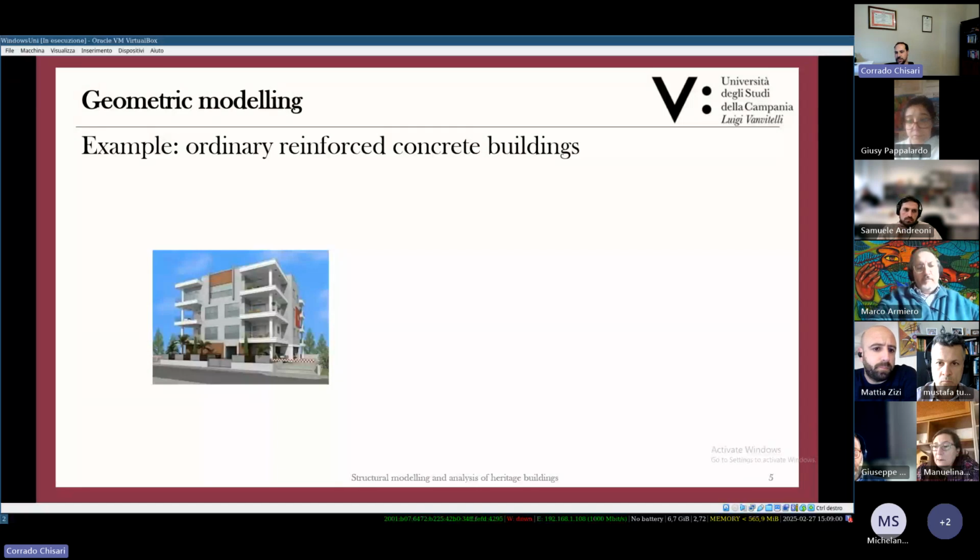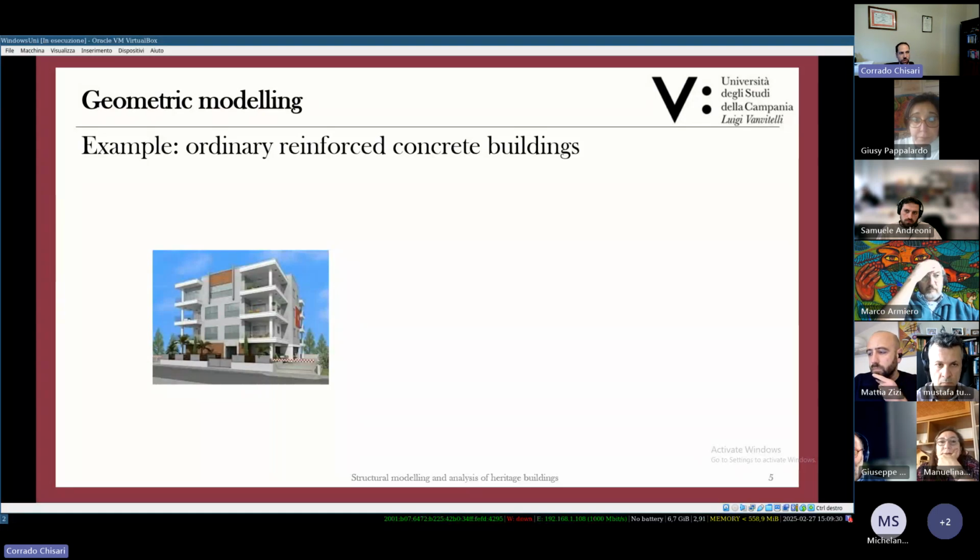Geometric modeling is the part of this process of abstraction from reality to the mathematical representation, where we try to create an object that needs to represent as best as possible the structure under investigation.